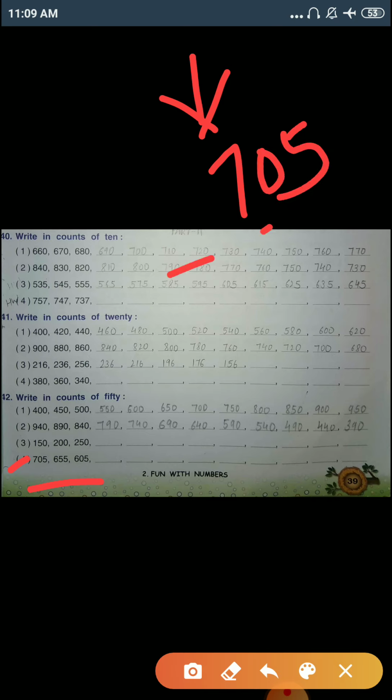Now question number 4. In question number 4, the numbers are in decreasing order. You can see here 705, then 655, then 605. So in this you need to subtract 50 from the number for finding out the next number.